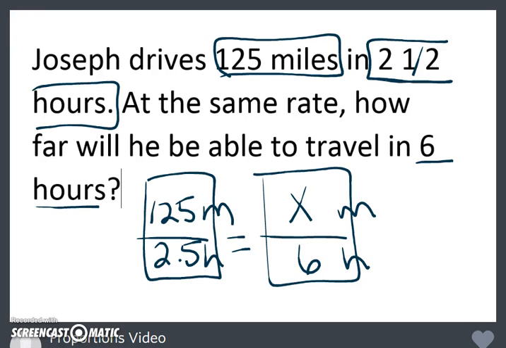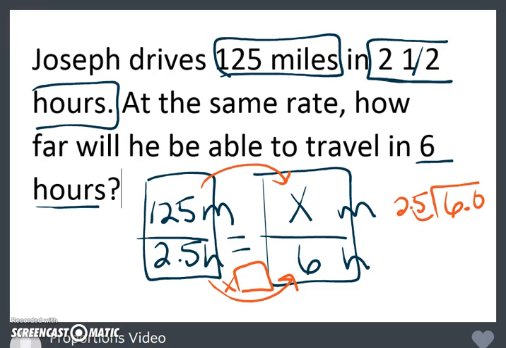Okay, so we have a bunch of different ways that we could try to figure this out. We could move this way and figure out what do I multiply by 2 5/10 to get to 6? Well, I would have to divide 6 by 2 5/10 in order to find out what it is that I'm multiplying. And then I would multiply that same number times the top. So I'm going to move my decimal, and I know this becomes 25.